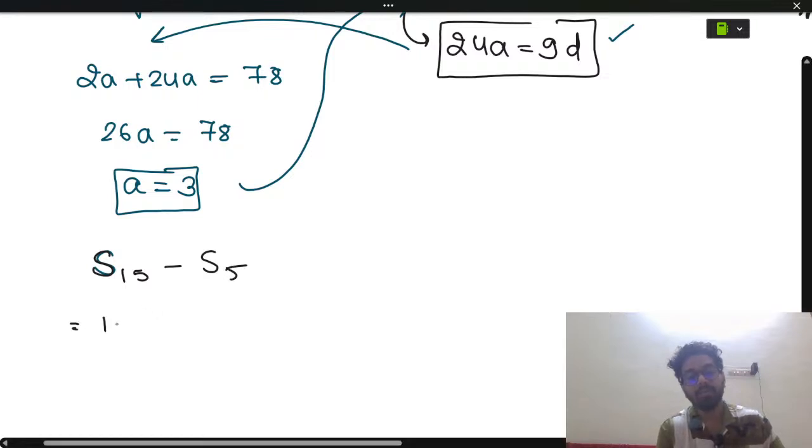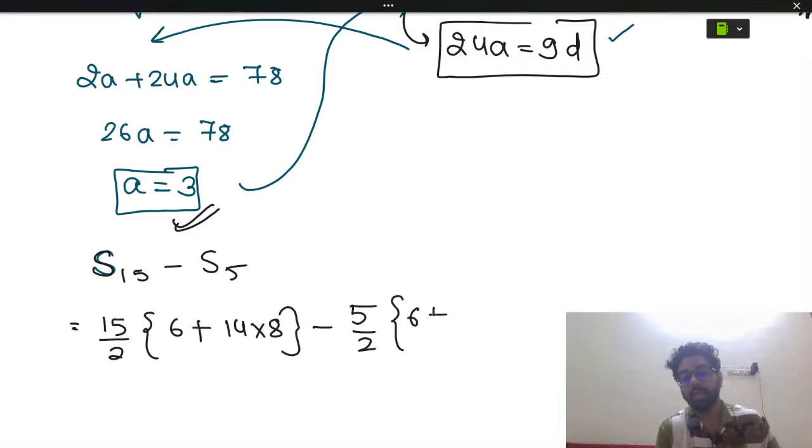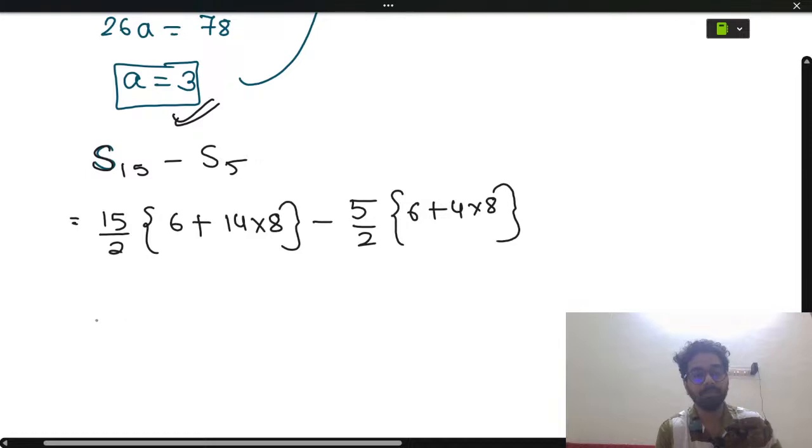Now this is equal to 15 by 2 into (2a plus (15 minus 1) into d) minus 5 by 2 into (2a plus (5 minus 1), which is 4, into 8). Okay, and now after this we'll get the answer.